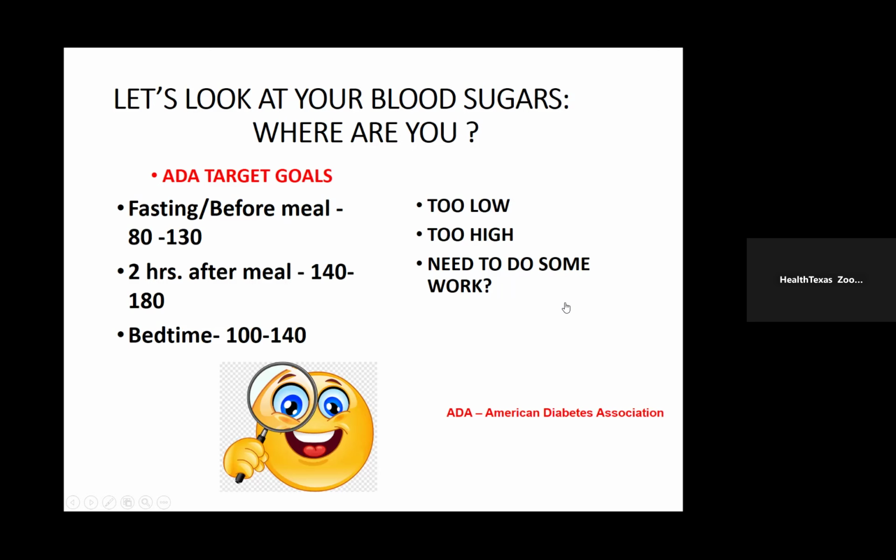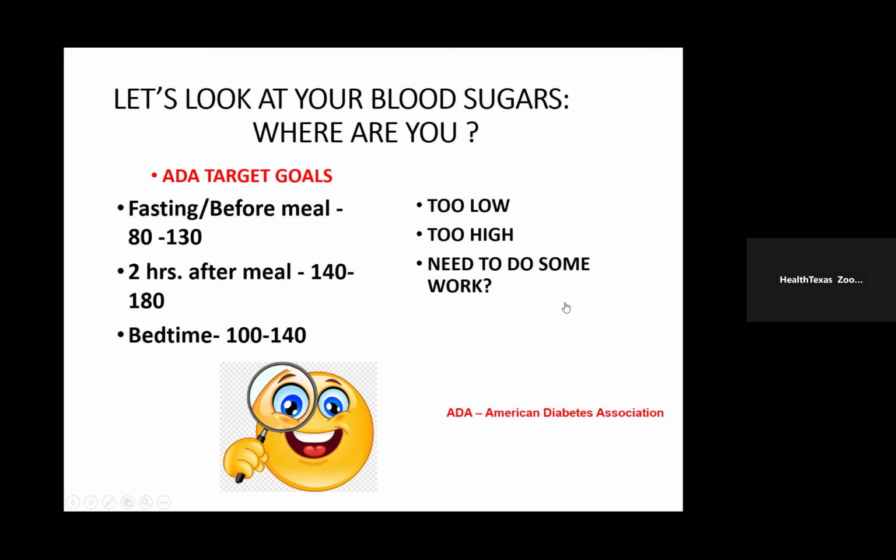First of all, when we first get up in the morning, before we've had anything to eat or drink, the blood sugar average should be between about 80 and 130. 2 hours after each meal, meaning when you have digested the food and the body has started to convert these macronutrients into energy, the blood sugars should recover to about 140 to 180. And then at bedtime, we'd like to keep the blood sugars in a range of about 100 to 140.